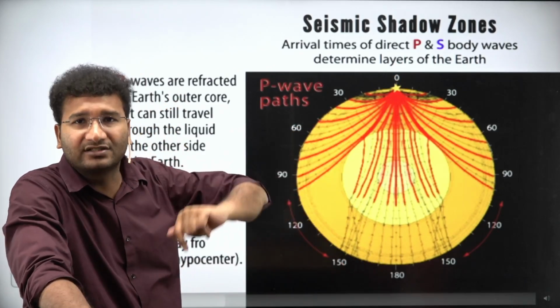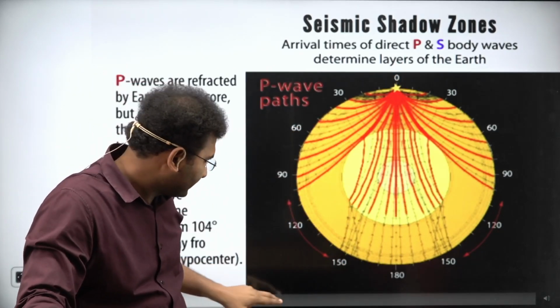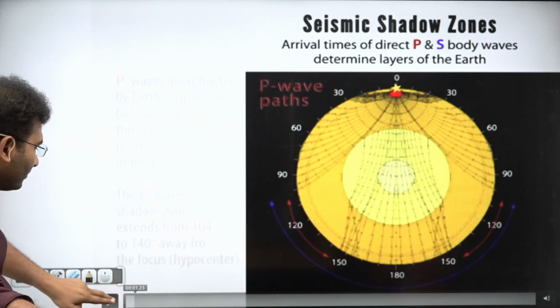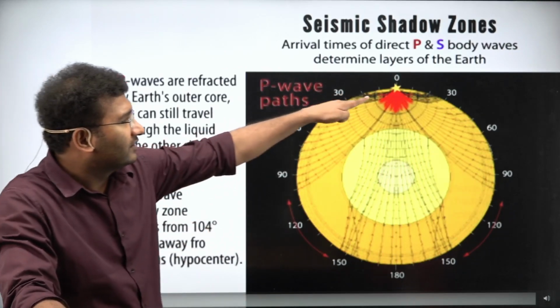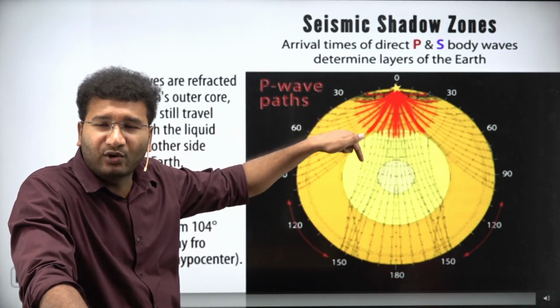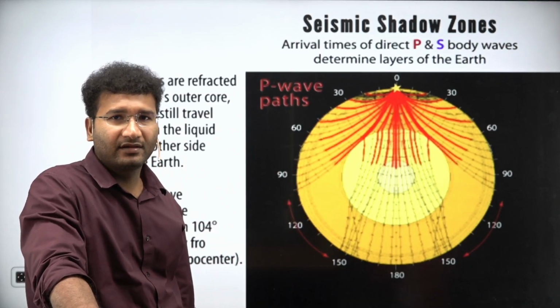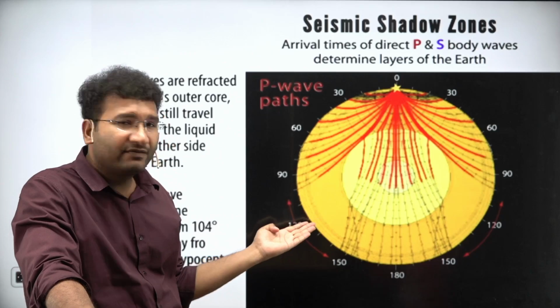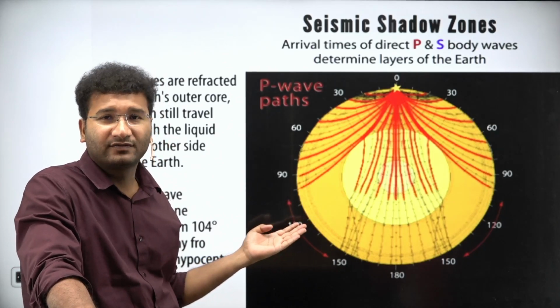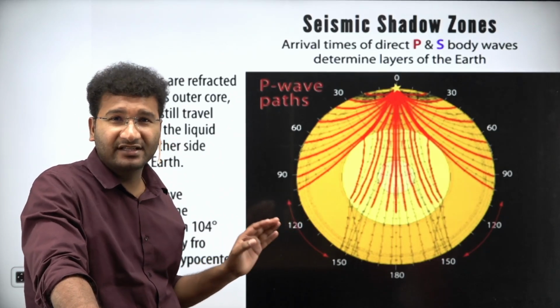Now try to watch this. These are your P waves, which are passing through all the layers in the interior of the earth, right? But the direction of the P waves can also change because of the density differences within the interior.